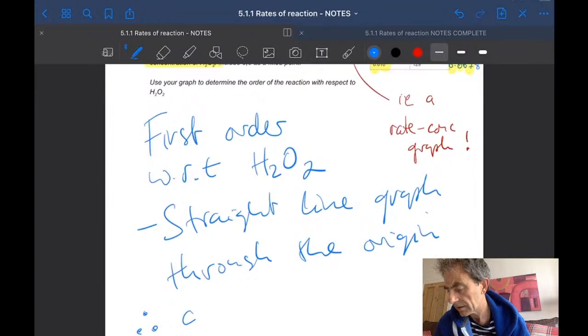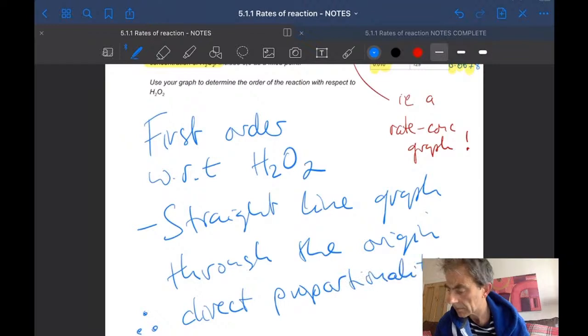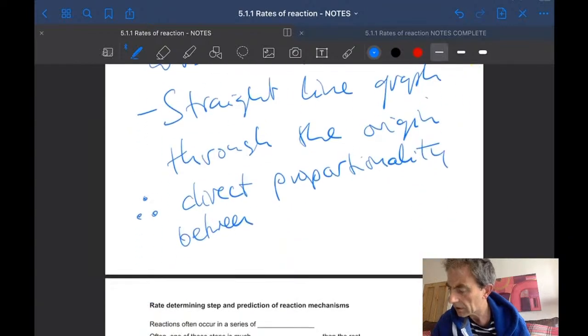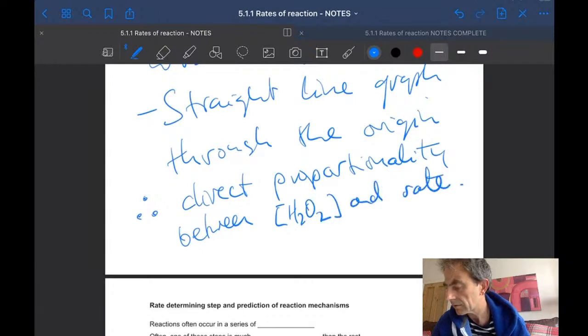Therefore, there's direct proportionality between the concentration of H2O2 and the rate.